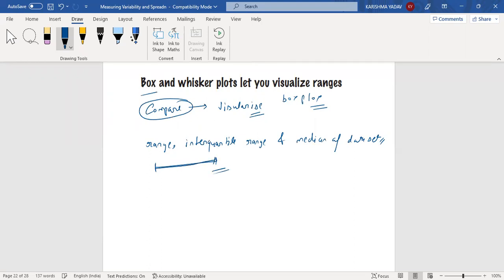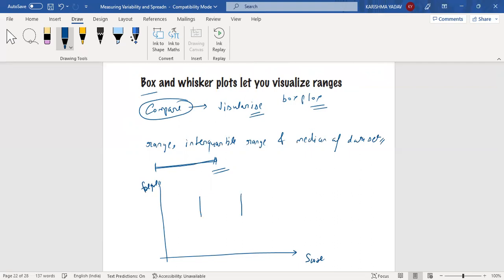To create a box plot, you first draw a box against a scale. This is the scale that we have, and this is, let's say, my score, and this is the frequency. If I want to draw a box plot, what do I do? Let's first talk about the lower quartile. Let's consider that here is my lower quartile value, and here is my upper quartile value.